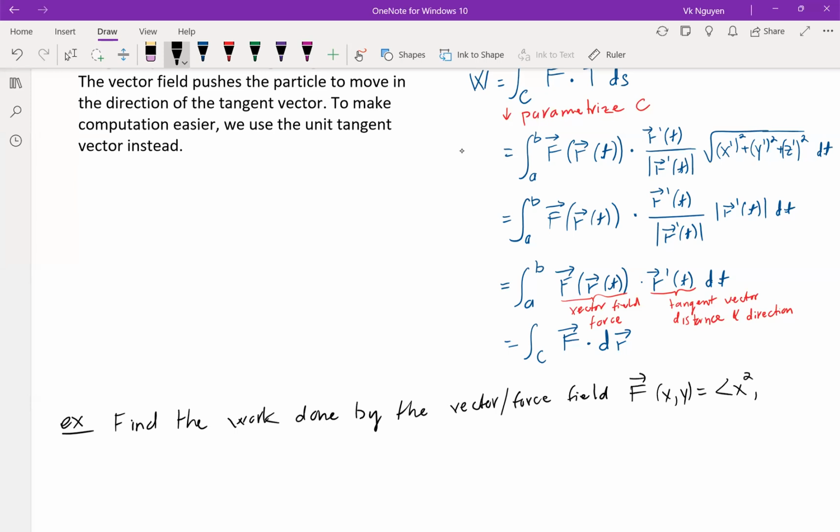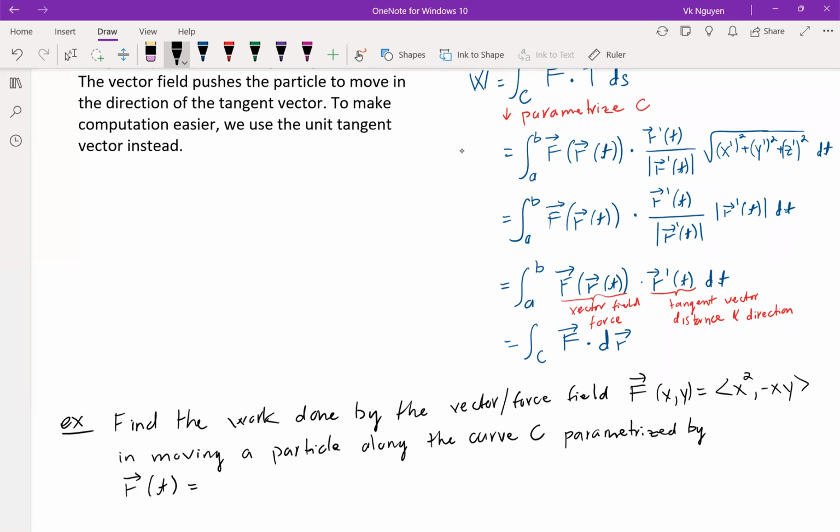X squared minus xy, moving a particle along the curve C parameterized by cosine t.